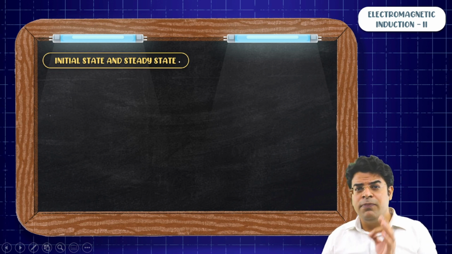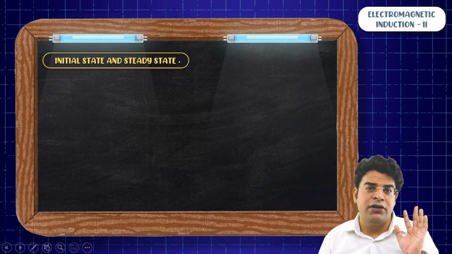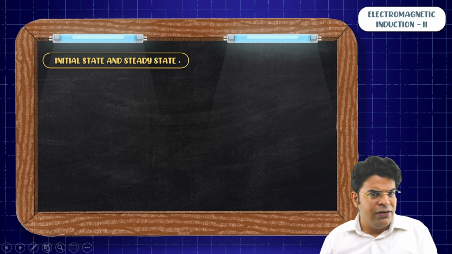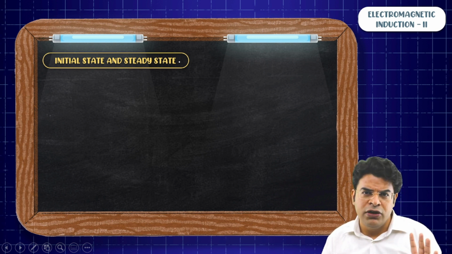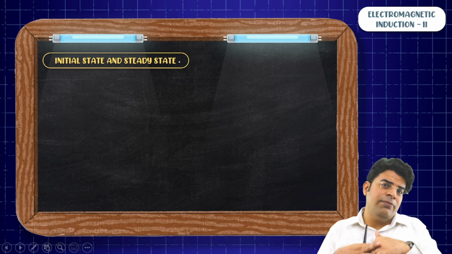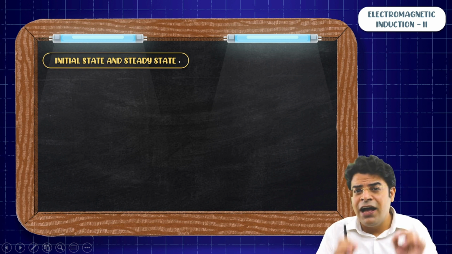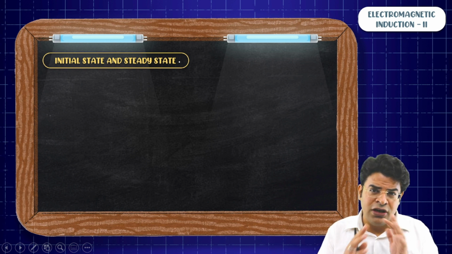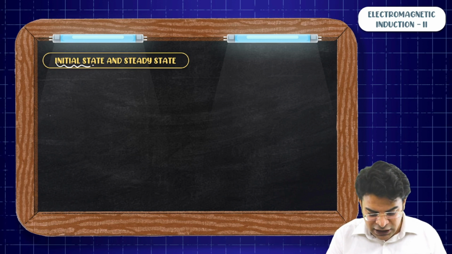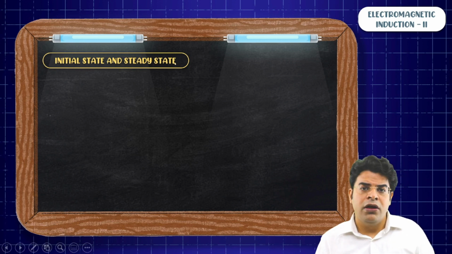But circuit-based problems are my personal favorite and they used to come every year, leave out NEET 2020. So I say on the probability matrix, this year there is a higher probability of a circuit-based question coming. So this topic becomes important, the initial state and steady state.